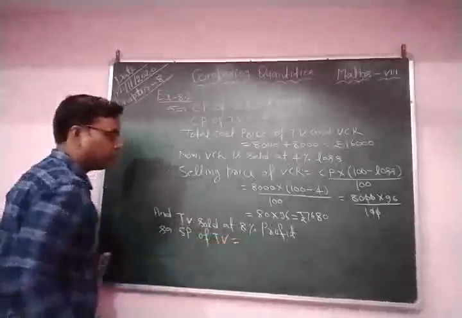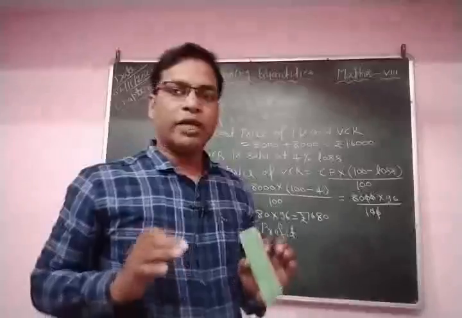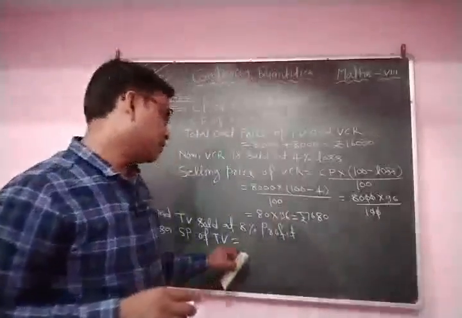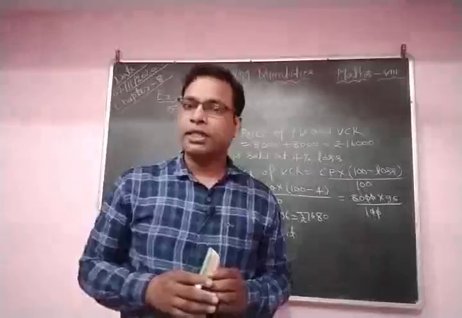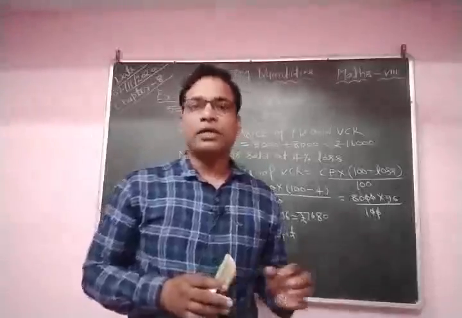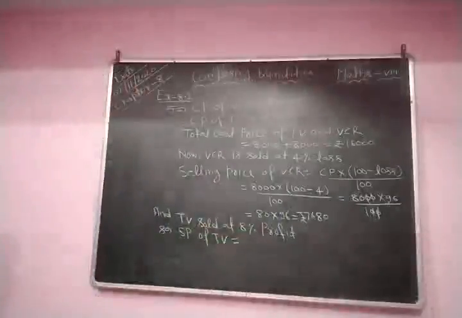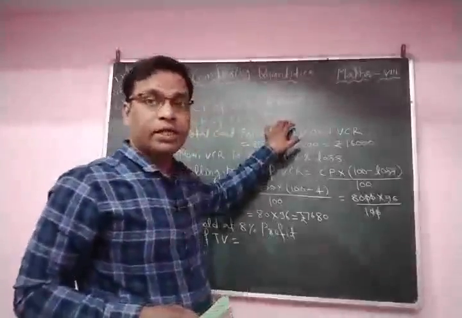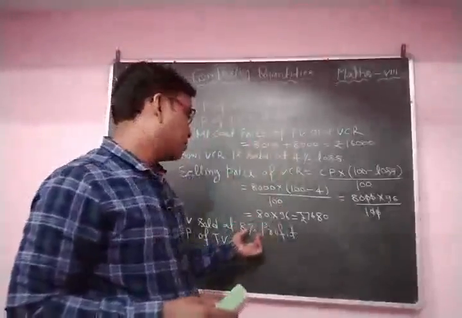We find the selling price of TV by the direct formula. We do not use the elementary method here. What is the formula to find selling price if profit and cost price are given? In this question, the cost price of TV is 8,000 and he sold TV at 8% profit.